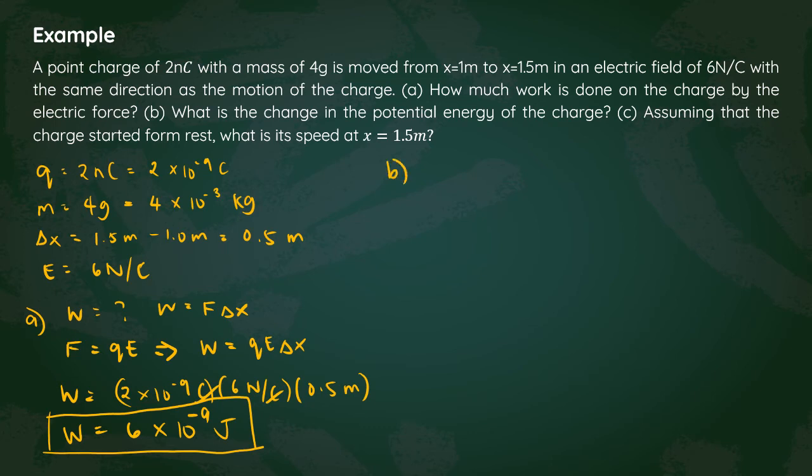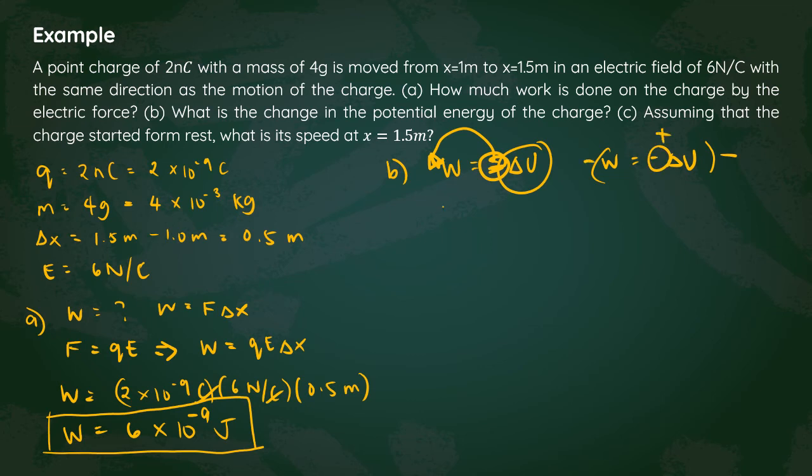For question B, what is the change in potential energy of the charge? Now, for the change in potential energy, work is equal to the negative change in potential energy. So to solve for the potential energy, we can multiply both sides by negative, and then this becomes positive, and the other becomes negative.